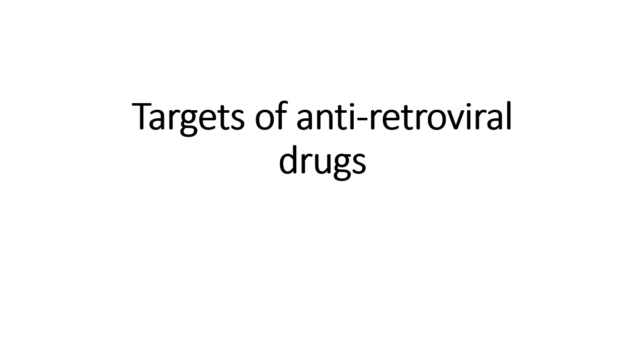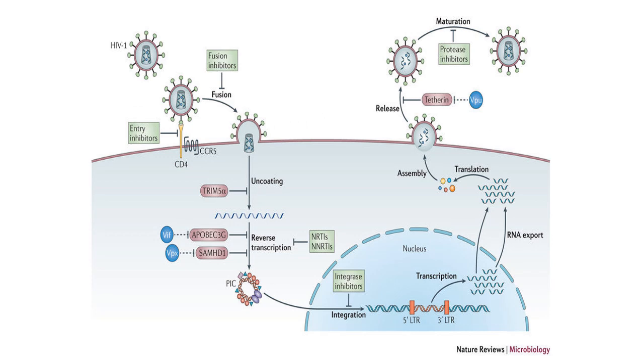Now, what are the targets of antiretroviral drugs? So this particular picture which I am going to show you will clearly help you to understand what the targets are. So in this diagram, you find the HIV organism. First of all, it anchors onto the surface of the host cell, the CD4 host cell.